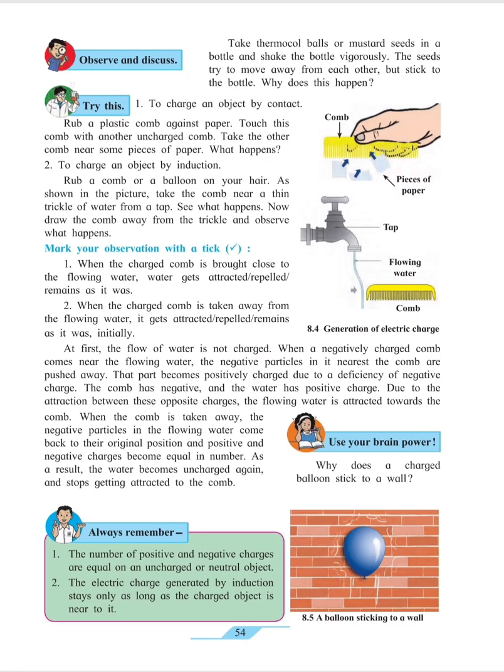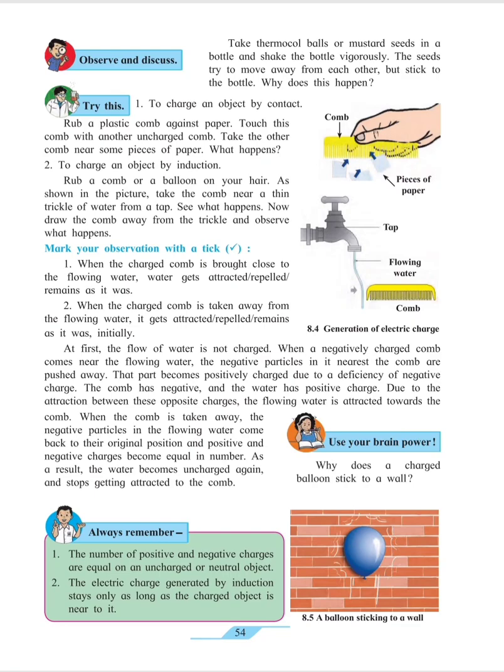The water has no charge, the comb is negatively charged, the charges are not the same, they are opposite to each other, and therefore the water gets attracted. After some time, if you take the comb away from the flowing water, you will observe that the water again flows in its own direction. It will retake its own position.